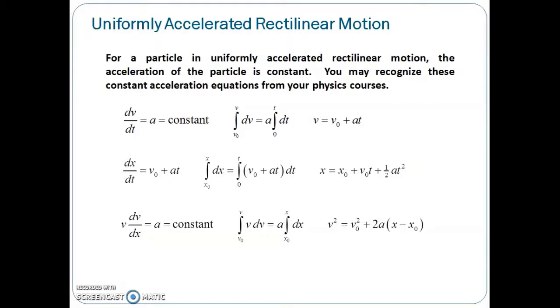And finally, we can use v dv/dx equals a, which is constant. From here, we can build the relationship between the position, the velocity, and the acceleration. Here, the velocity squared equals the initial velocity squared plus 2 times acceleration multiplied by x minus x naught, your position difference.